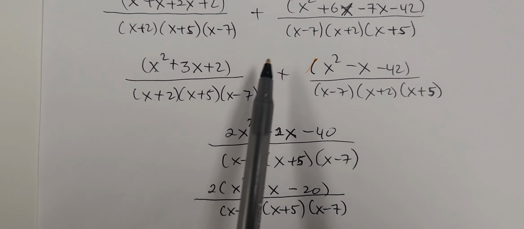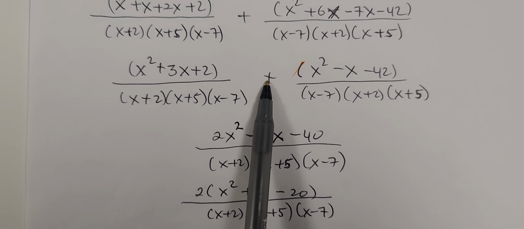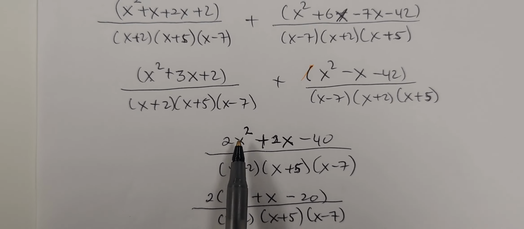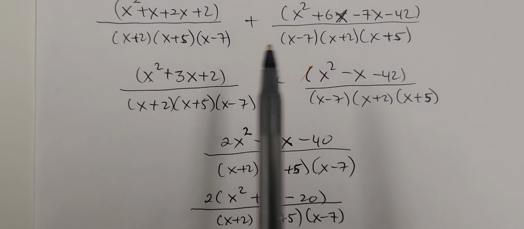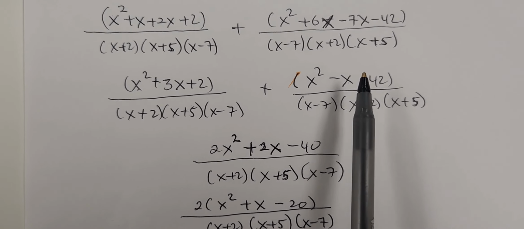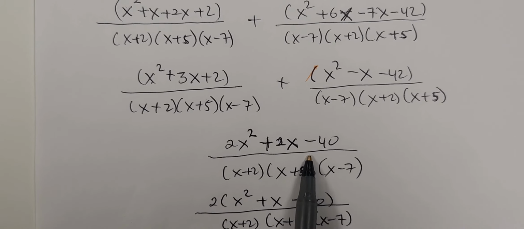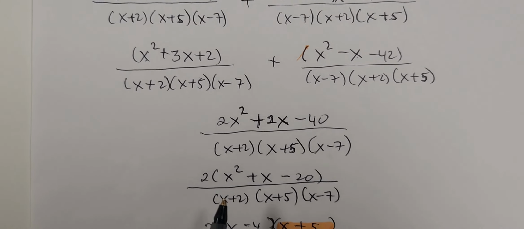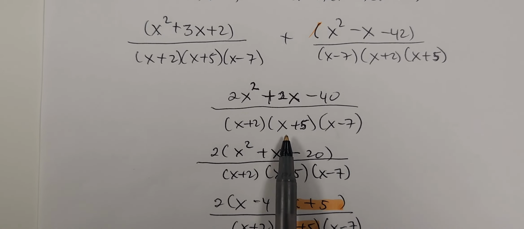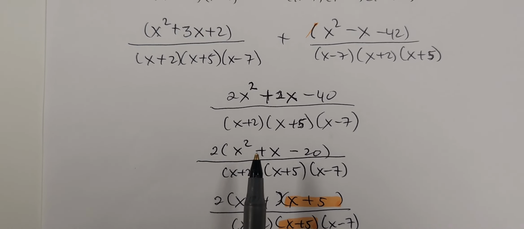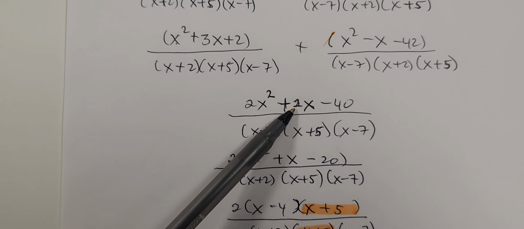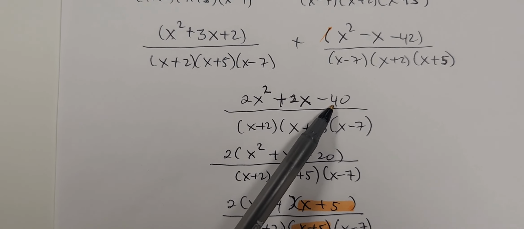So one more time. Since this is a plus, that makes it a little bit easier. 1 plus 1 gives me 2x squared. 3 plus negative 1, 2x. 2 plus negative 42 gives me negative 40. And then again, since the denominators are the same, just write it one time. Next, if you notice, I can take out a 2 from here. I can divide 2 from here, and I can also divide 2 from here.